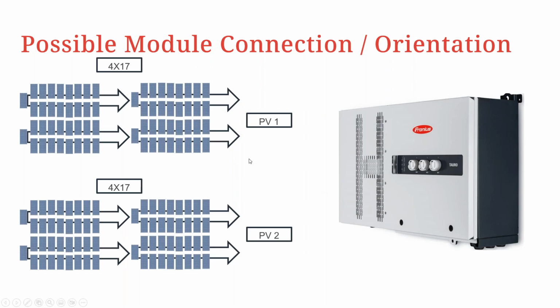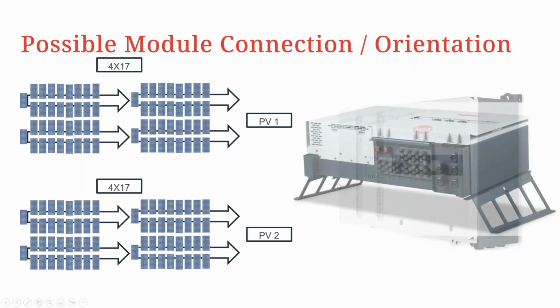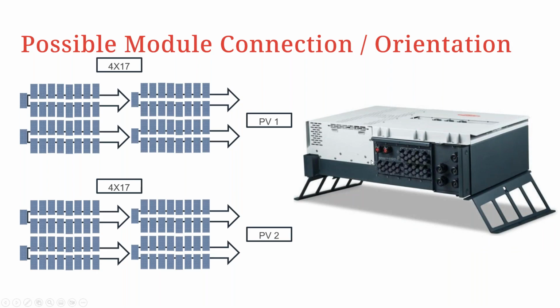In this case, for the Tauro, I believe we all know that we have 2 variants: the pre-combined and the direct. Taking the direct into consideration, you have all the MC4 plugs here, so you can connect your respective strings to the MC4 terminals here. This is for the direct variant of the Tauro.